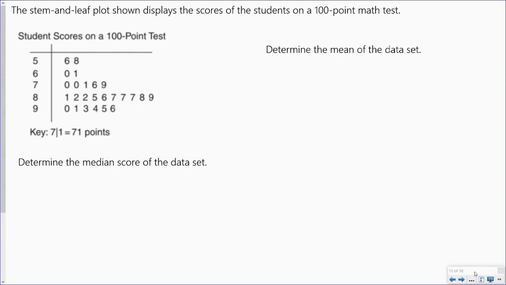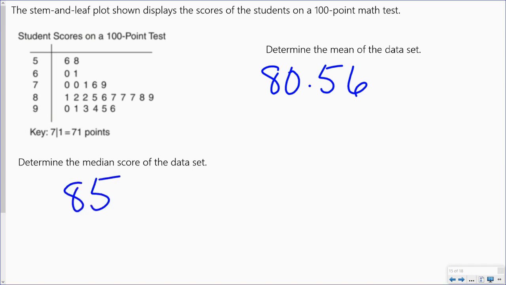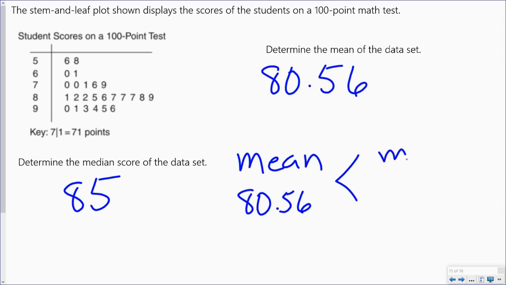So let's determine the mean of this data set. Come up with 80 and 56 hundredths. And for the median, I come up with 85. So my mean, which we said was 80 and 56 hundredths, is less than my median, which is 85.